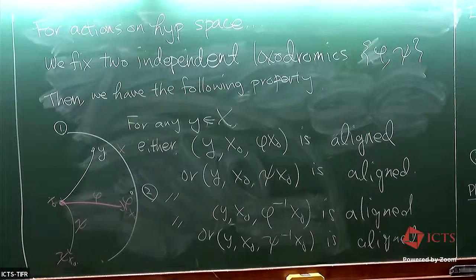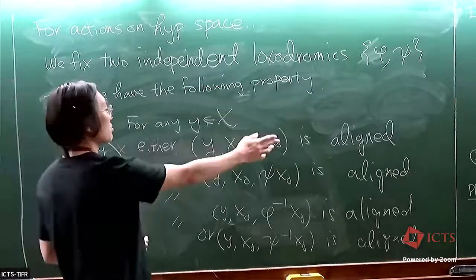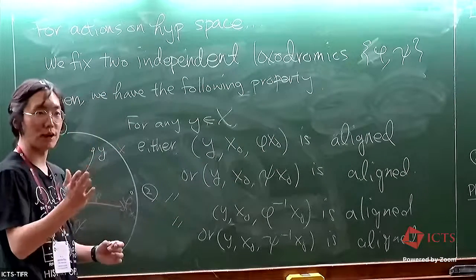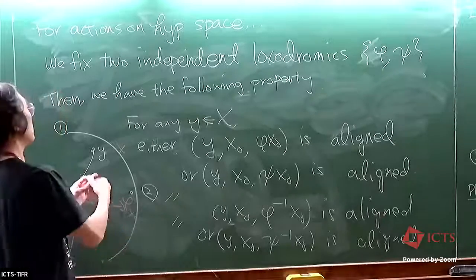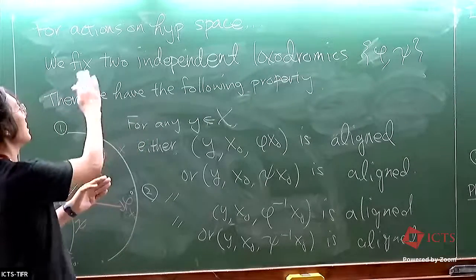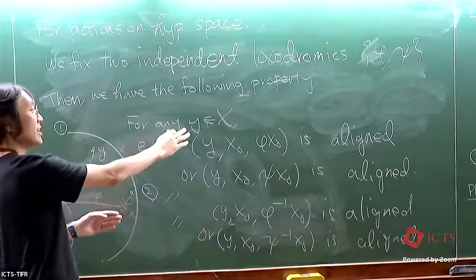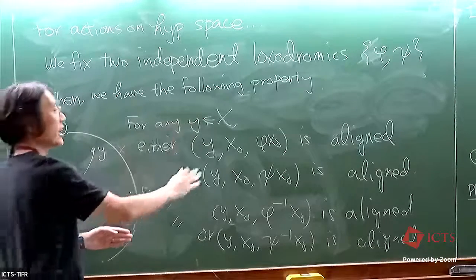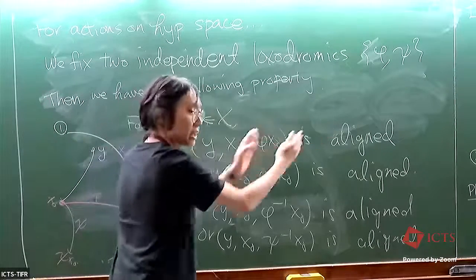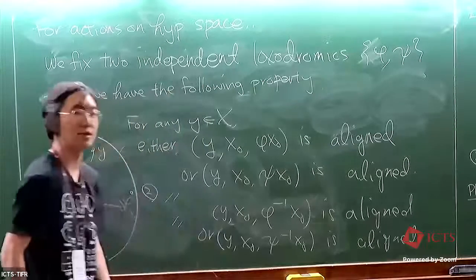And why am I being vague here? Because for that type of space, what do I mean by alignment? It means the Gromov product made by those triples is bounded by a constant. So the exact statement is there exists a constant that does not depend on the choice of y, such that the Gromov product is bounded by the constant.